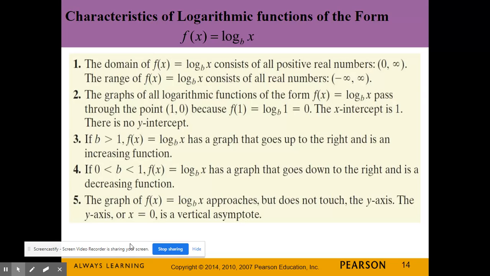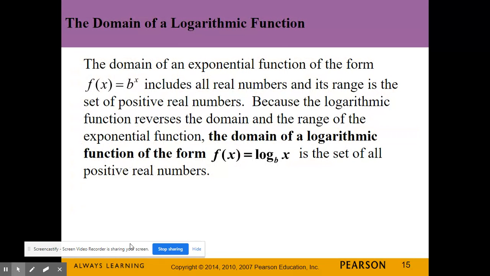The graph of f of x equals log base b of x approaches but does not touch the y-axis, just like the exponential function approached but did not touch the x-axis that we looked at last lesson. So then there's a vertical asymptote, just like the exponential function that we looked at last lesson had a horizontal asymptote.